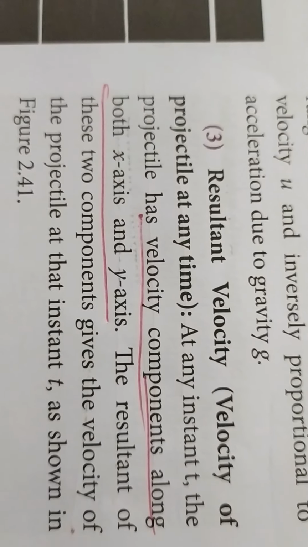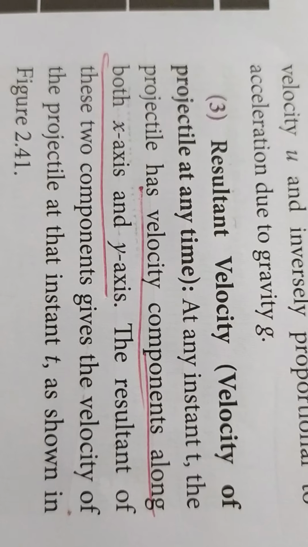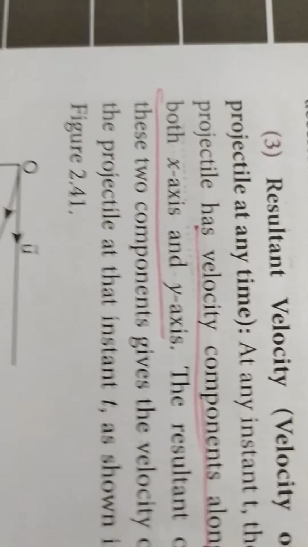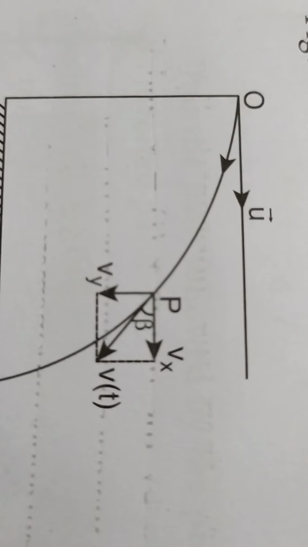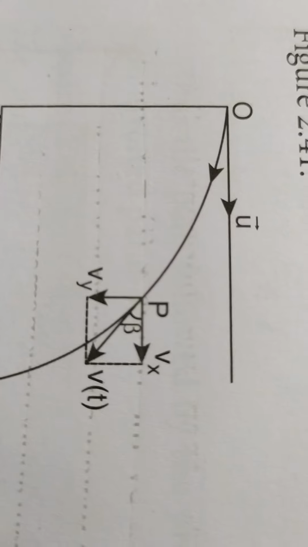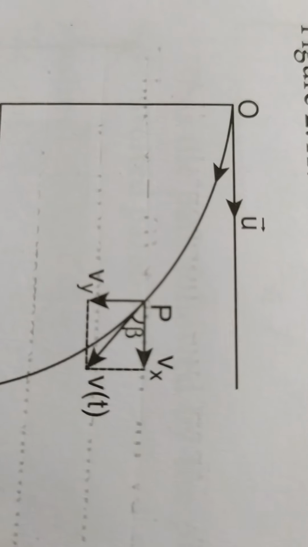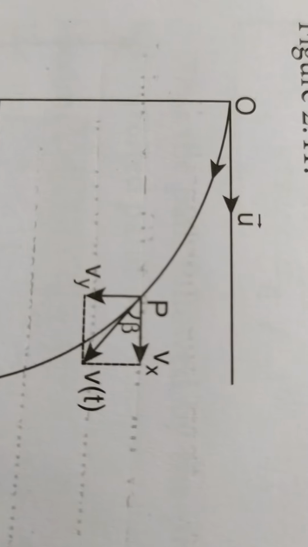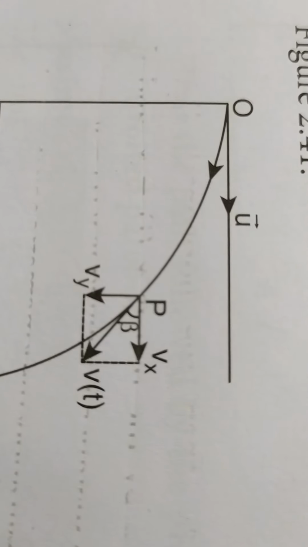Now we are going to see about the resultant velocity. There are two components of velocity along the x-axis and y-axis. In this diagram, at the point P, V_x is the velocity in the horizontal direction and V_y is the velocity in the vertical direction, and the resultant is given by V, which is the tangent to the curve.